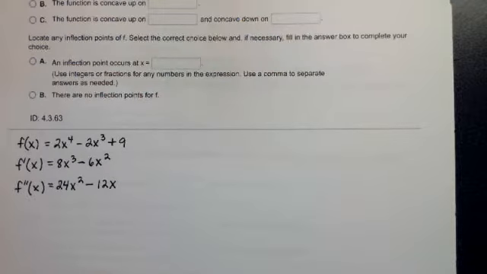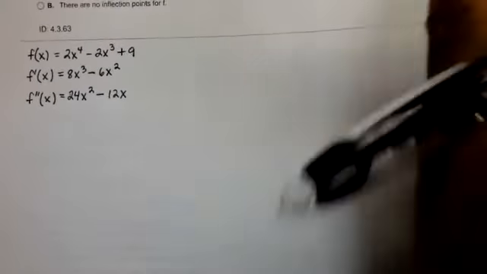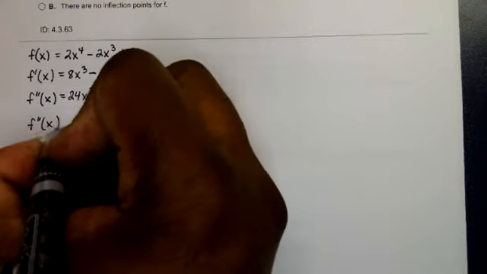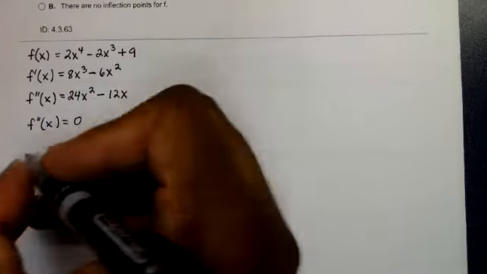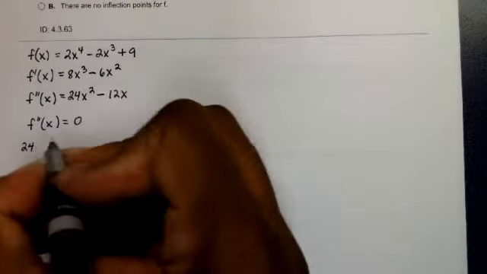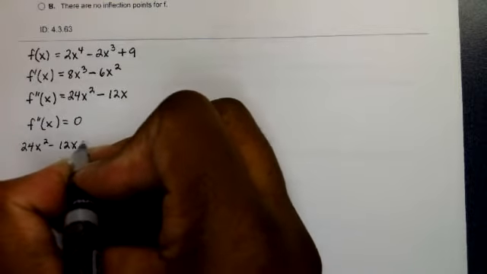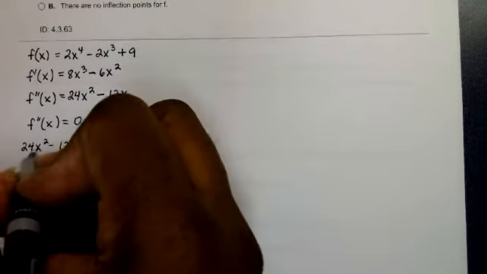All right, so now let's find our possible points of inflection by setting f double prime of x to be equal to 0. That means 24x squared minus 12x is going to be equal to 0.